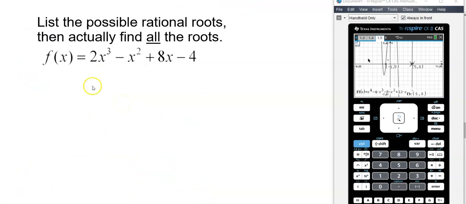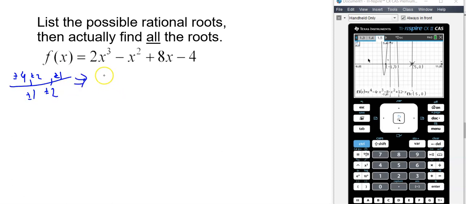So list the possible rational solutions, then find all the solutions. Again, we're doing the same thing, so let's go a little faster this time. For this one, 4, 2, and 1, all these are plus or minus. And then 2, that's plus or minus 1 and plus or minus 2.